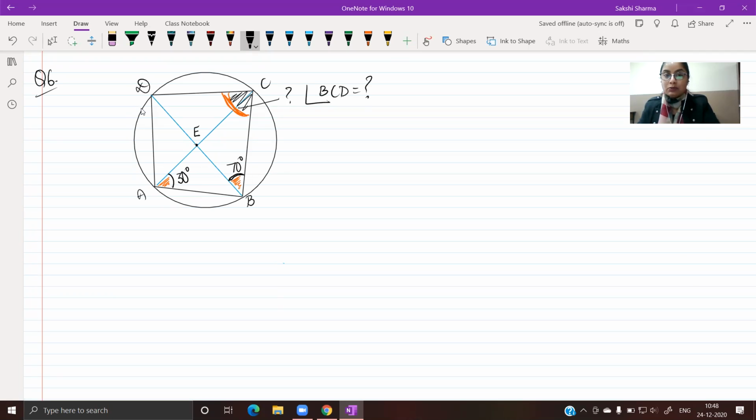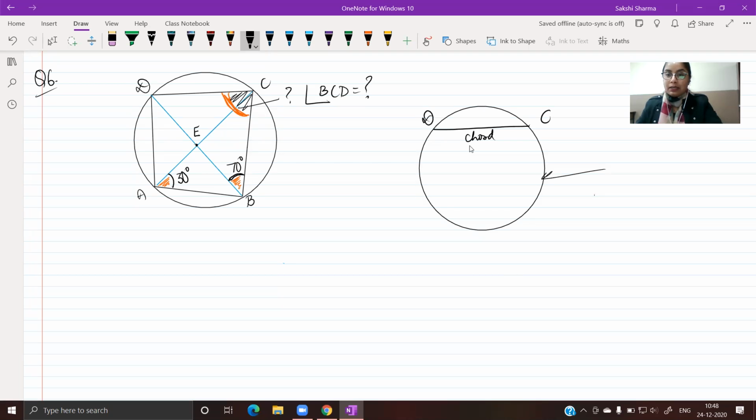After that, we proceed to the possibility of using any of the remaining results, out of which one is angles in the same segment. If you try to apply that, this is a chord of the circle. This divides your circle into two parts.